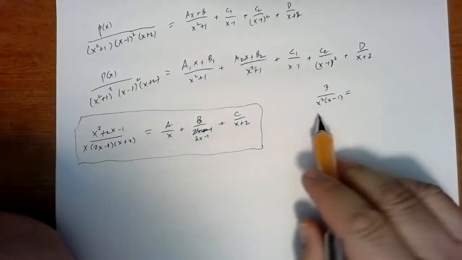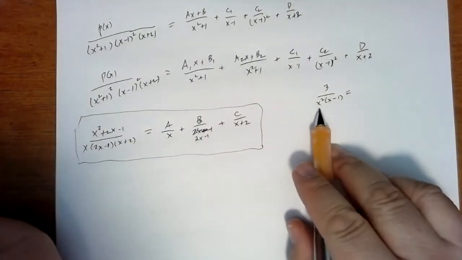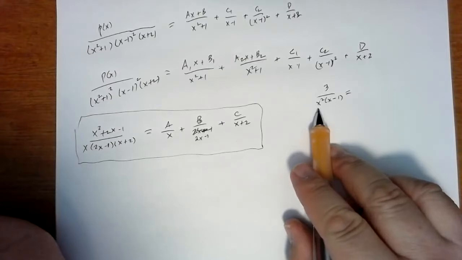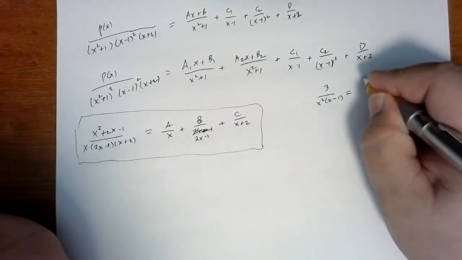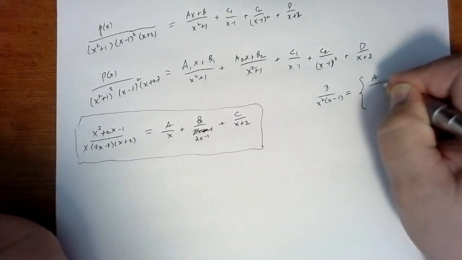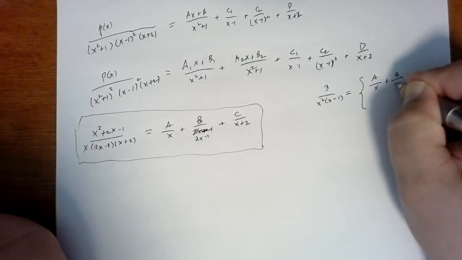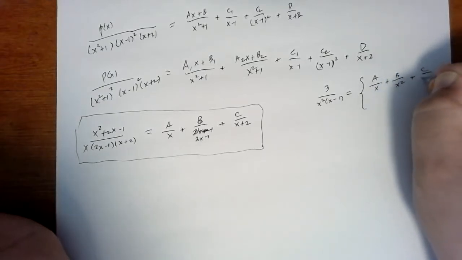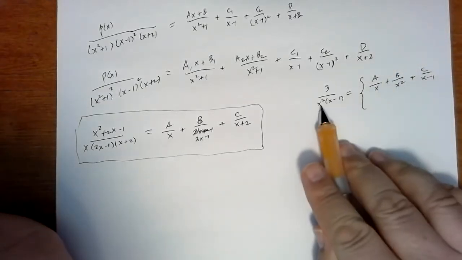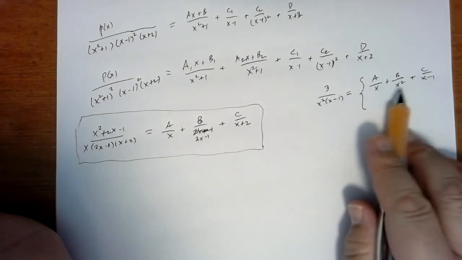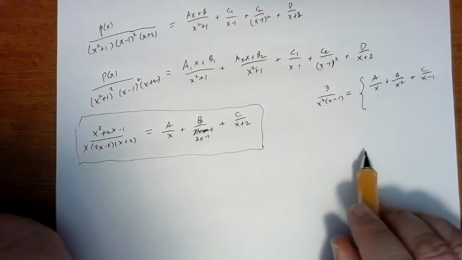Well, you can actually treat x squared as either an irreducible quadratic, or you could treat it as a double linear root. So one way to write it would be a over x plus b over x squared plus c over x minus 1. So this is treating this as a repeated linear root.